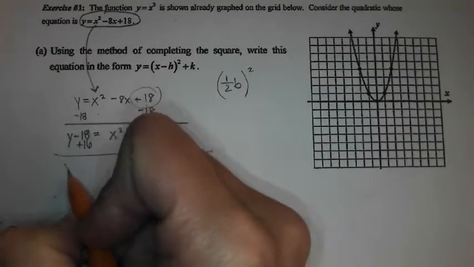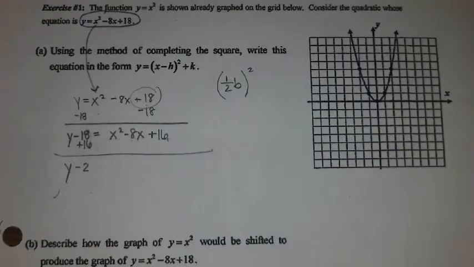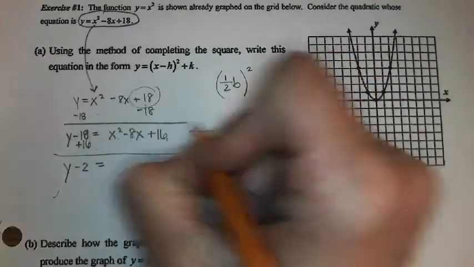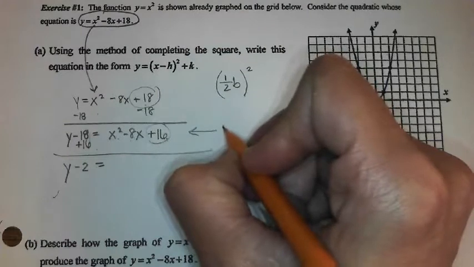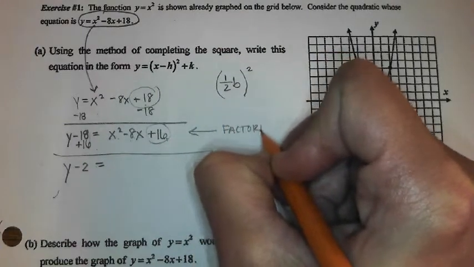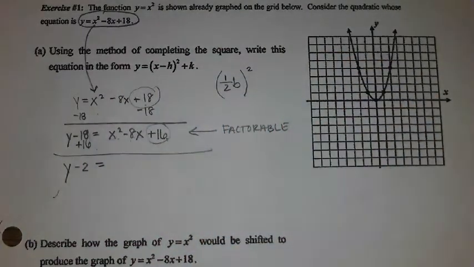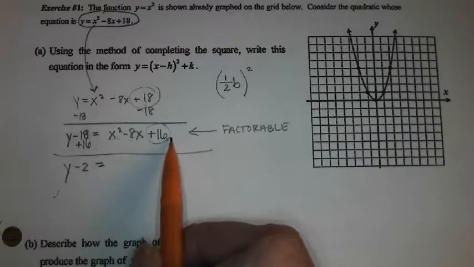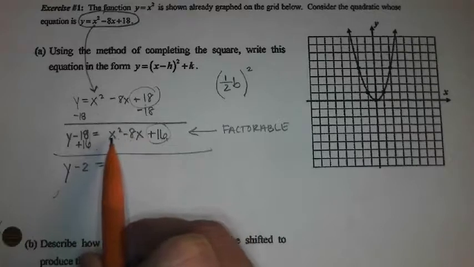So on the left-hand side, this becomes y minus 2. And on the right-hand side, by adding this to both sides, we have now made this factorable. It's a perfect square. It's got that perfect square trinomial special scenario. What's the square root of x squared? x.